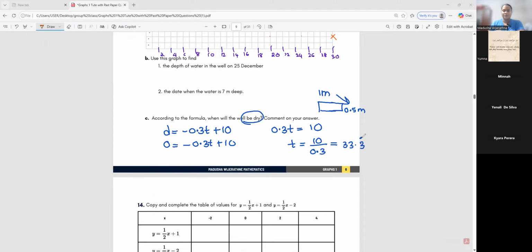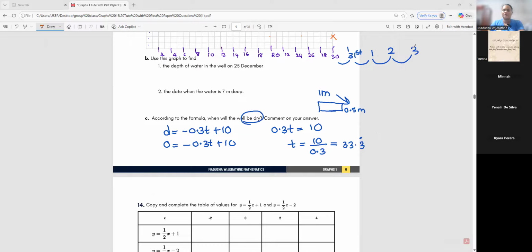0.33333 recurring. This is 30th. Then 31st of December, the month is over. Then 31, 32 is 1st of January. 31, 32, 33 is 2nd. But 0.3 is also there.